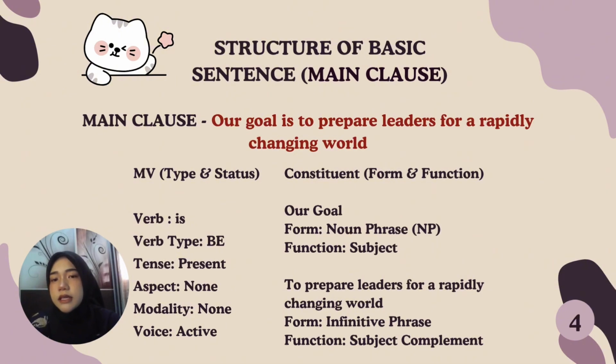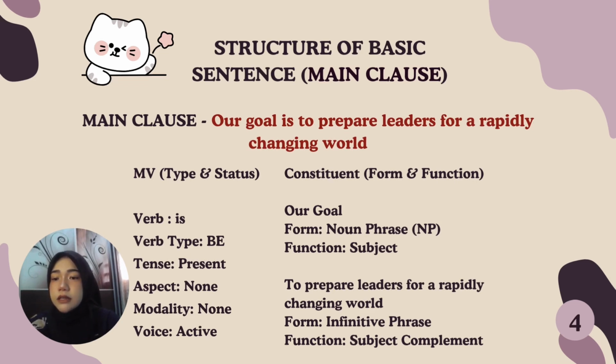It is in the present tense, which means the sentence is talking about now, and the verb is in active voice because the subject is not being acted on. It is linking itself to a description. And also, there is no modal used in this sentence like can or should, and also no aspect, such as has been or is doing. So basically, it is just a simple present tense BE verb.